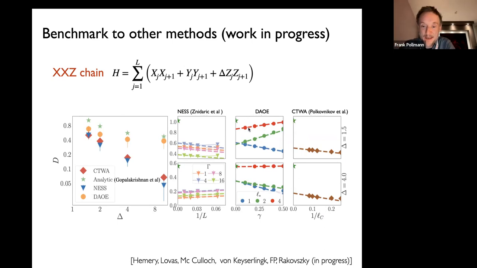And here things are getting a bit dangerous, to be honest, because now if we look at the lower plot, we plot the values for different L stars, and we see that if L star is 1 or 2, we would actually extrapolate the wrong value, and only if L star is 4 do we get the right value, which means that there are integrals of motion in this integrable model which are destroyed if we use L star too small.